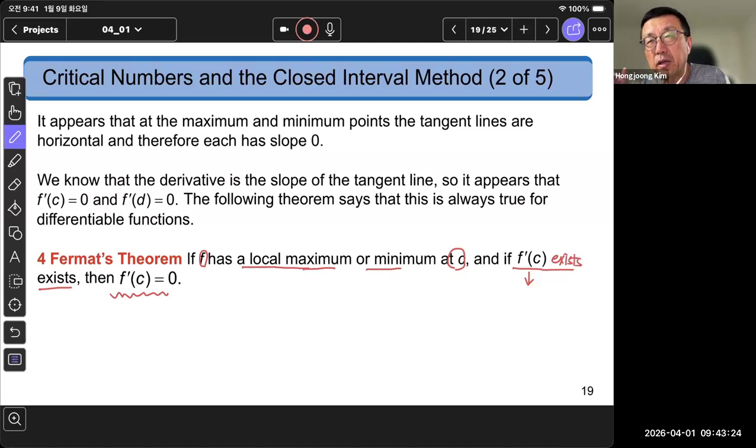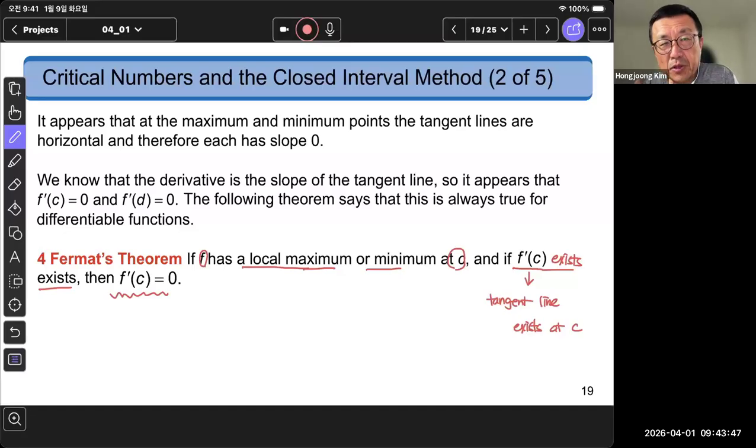So f prime of C exists. That statement implies that the tangent line exists at point C. Okay. Then the conclusion is f prime at C is 0.